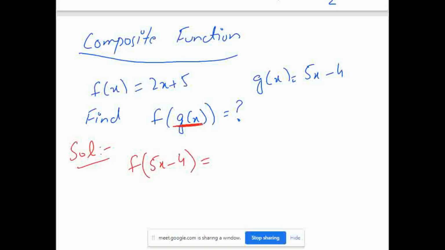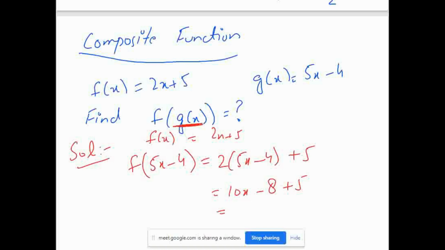Now as f of x is equal to 2x plus 5, then f of 5x minus 4 will be equal to 2 into 5x minus 4 plus 5. So this will be equal to 10x minus 8 plus 5, and overall this will be 10x minus 3. This will be the final answer. Is it? Now what does it mean? It means that when you use one function in another function, this concept is called the composite function.